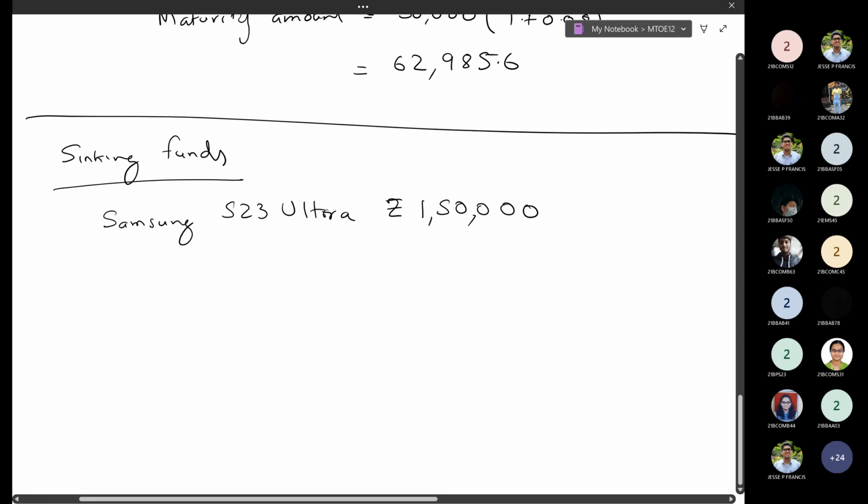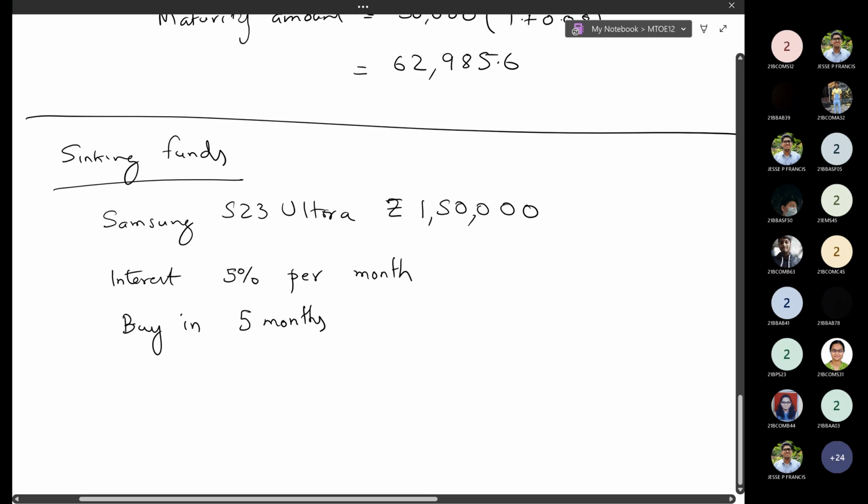All right. Now we need to know how much I should deposit each month to buy it. Interest, so let's say, let's put it as 5% per month, and I'm going to invest for 5 months.